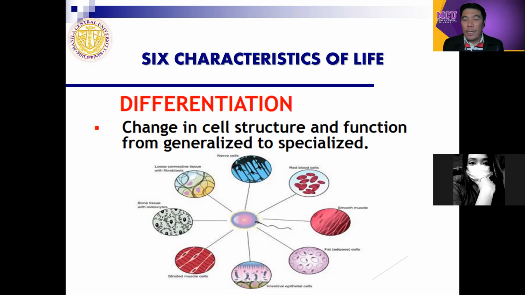But this could be facilitated from the generalized to the specialized type of cell. So that's why, as we discuss and go back to organization, the structure of the cells is very distinct, that we could identify when it is tested microscopically.